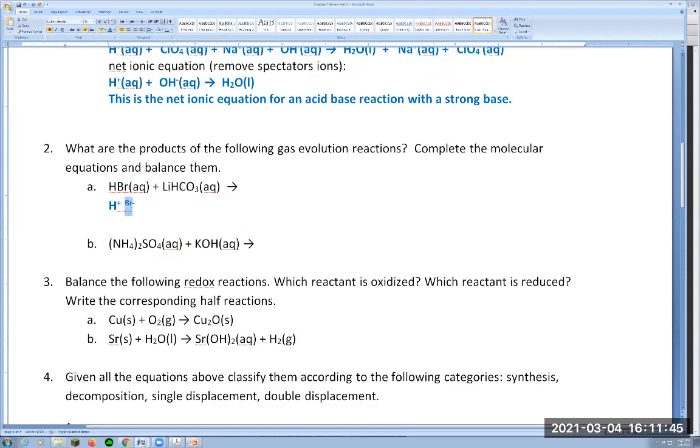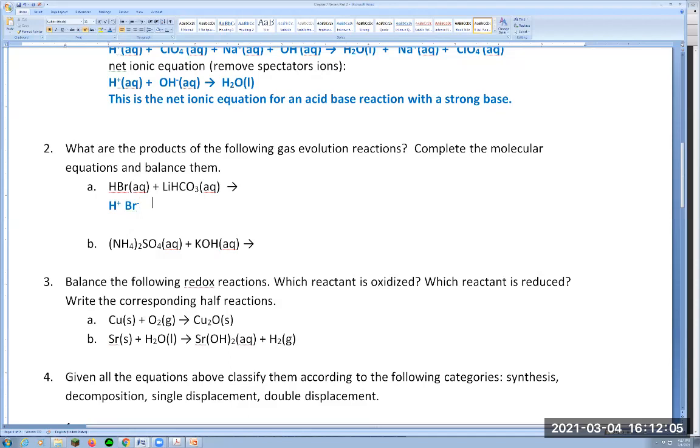Halogens are from group 7A, and they make one negative charge, which fits this formula: one positive charge and one negative charge cancel. So that's from this HBr, the hydrobromic acid.